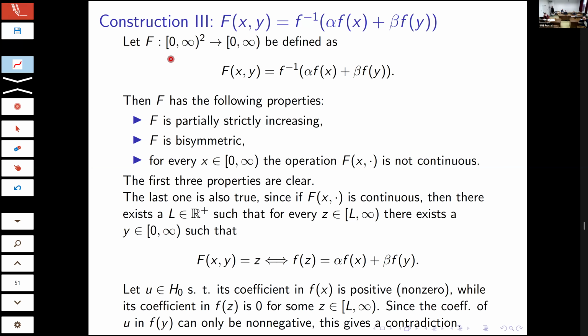So since the coefficients of u in f(y) can only be non-negative, this gives a contradiction. This also means that we can state it in a much stronger way, because you can find countably many such z which have this property.